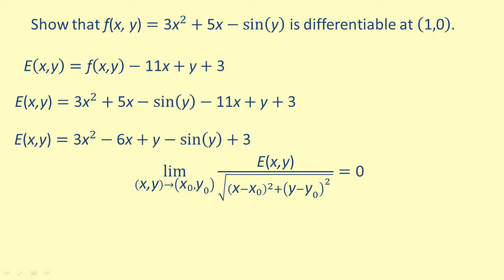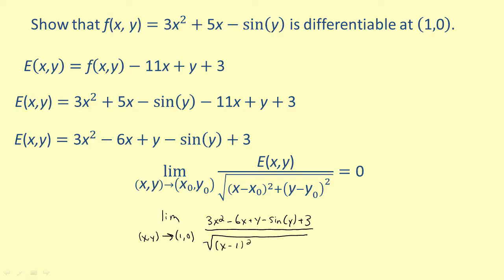Our last step in showing that f is differentiable is showing that the limit as (x, y) approaches (1, 0) of the quantity 3x squared minus 6x plus y minus sine y plus 3 all over the square root of the quantity x minus 1 squared plus the quantity y minus 0 squared is 0.